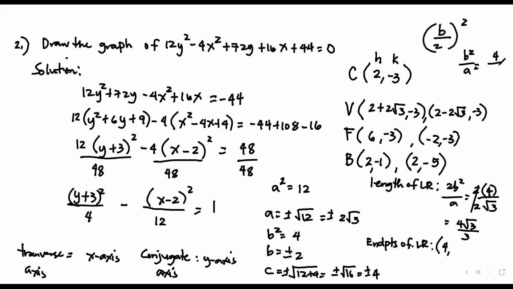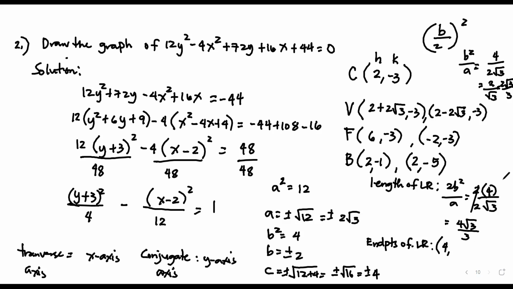B squared is 4, a is 2 square root of 3. So 2 over square root of 3, that is 2 square root of 3 over 3. Is that right? 2 square root of 3 over 3.